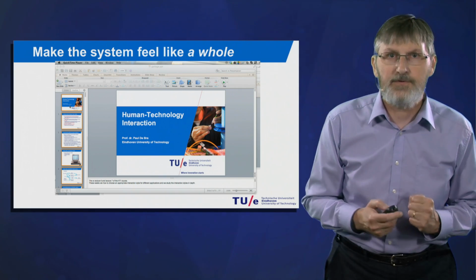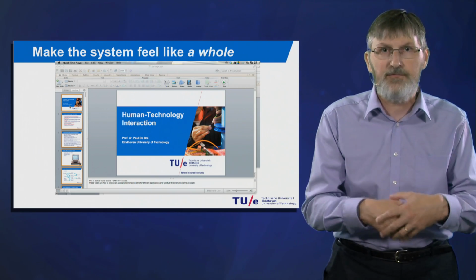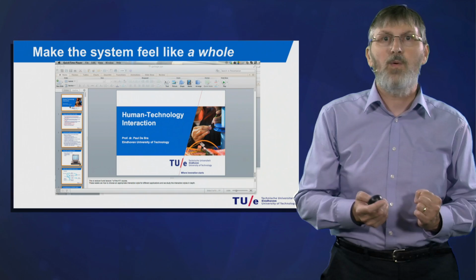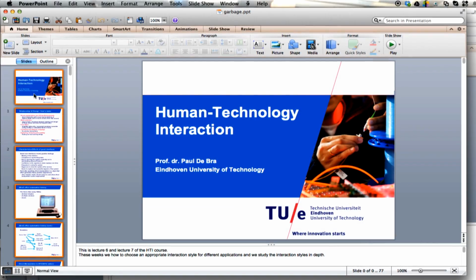We have another short screencast that shows how important it is to make the system feel like it is one complete whole and not a set of components. In this screencast, I will show you how quickly you can lose all your work by relying on a program's ability to undo every operation. Let's say that I'm trying to delete some text, but I inadvertently have something else selected.